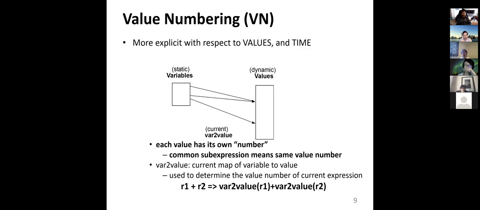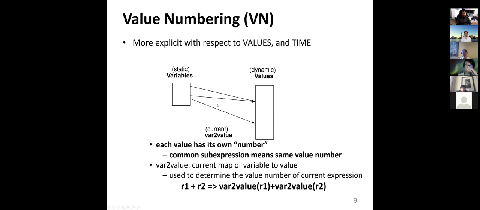What does it mean? It means that for every static variable, I assign a dynamic value depending on where it happens. So the same variable might be assigned the same value if that variable didn't change, or if over time the value changed, it might be assigned a different dynamic value. Okay, so that's what this graph means.